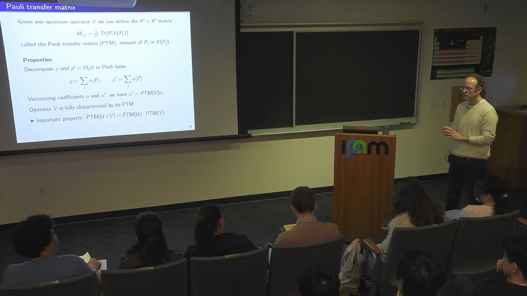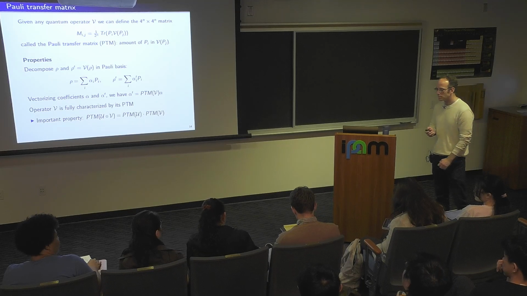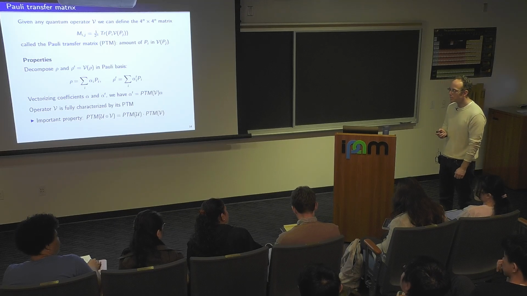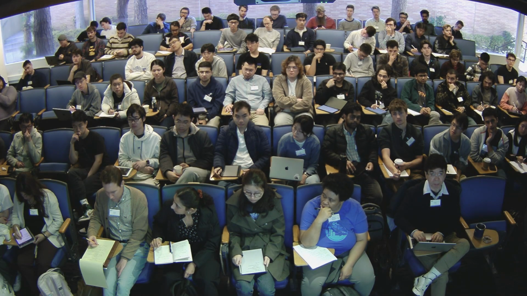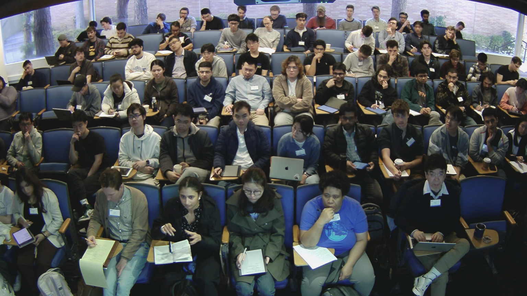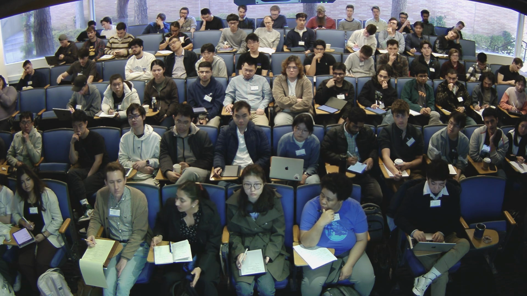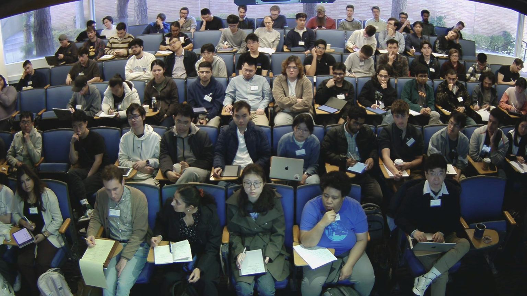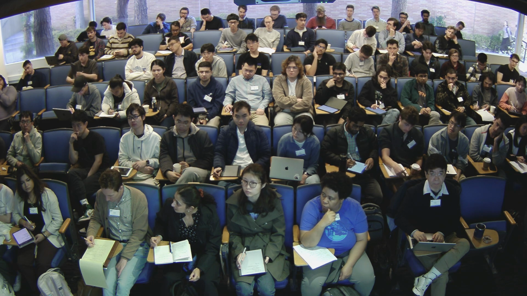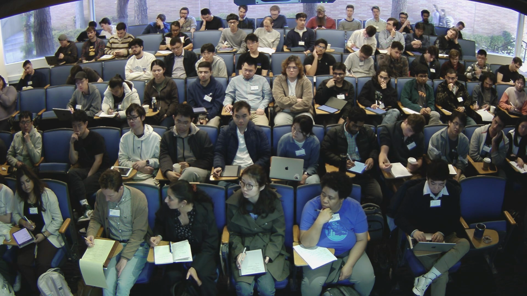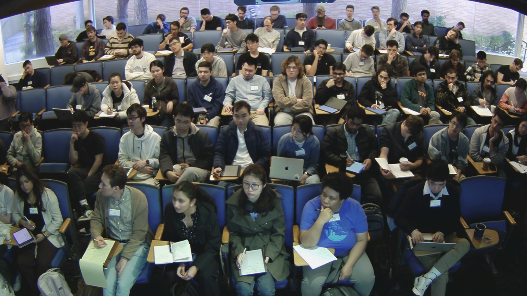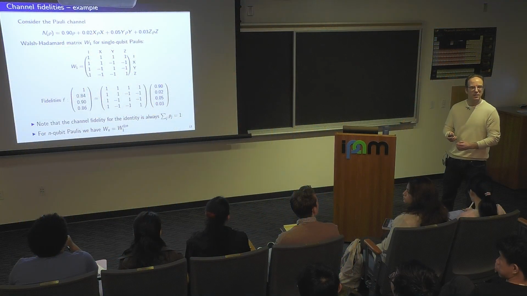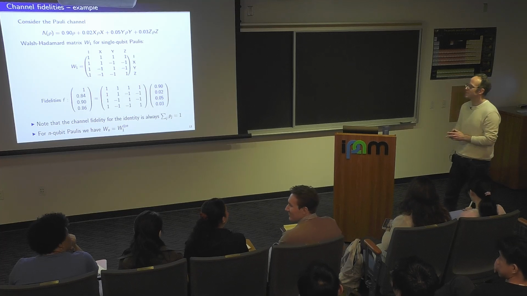Another question? I was just trying to understand what the Pauli transfer matrix was. So it says that it changes the amount of PI. You did in the operator times PJ, so it almost seems like a sort of a fidelity. Could you summarize the question?